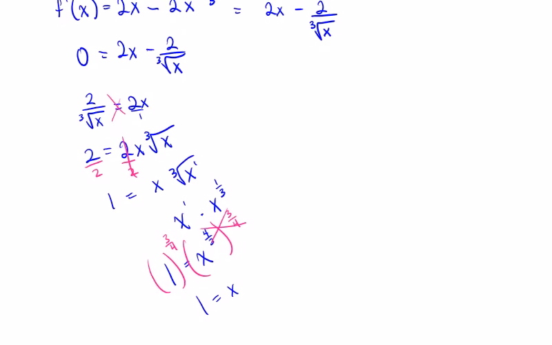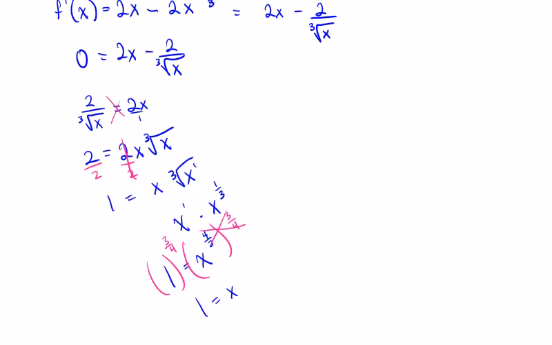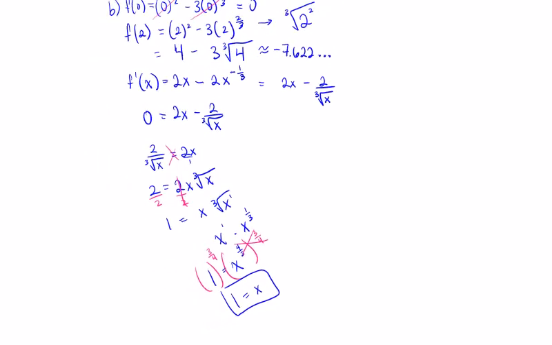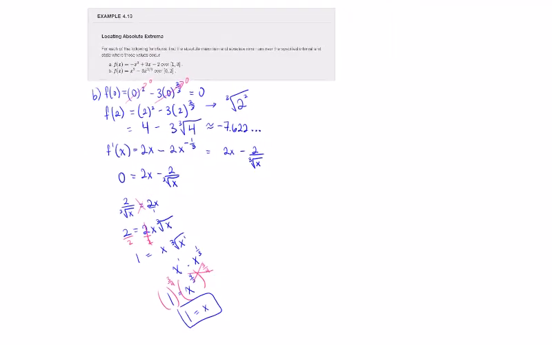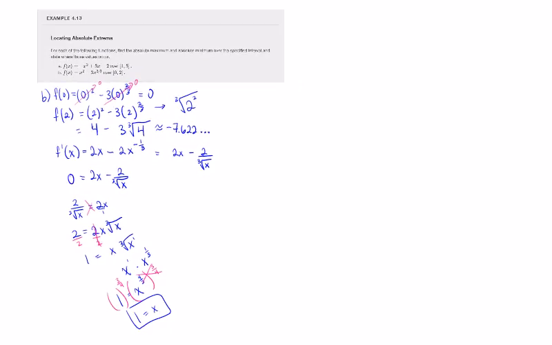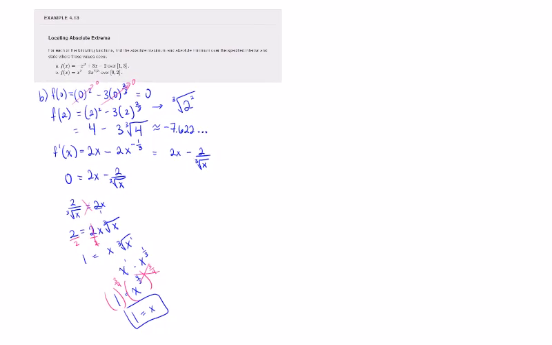And there were a few different ways we could have approached that problem and solved for x, but that's the one that just came to me. All right, and so now we want to figure out what is f of 1. Now that I know the critical point, what if I plug 1 into the original function?